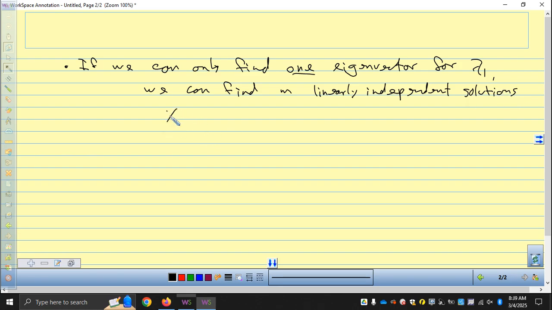So x1 is going to be k11 e to the lambda 1 t. And I'm using 1, 1 because they correspond to lambda 1. X2 is k21 t e to the lambda 1 t plus k22 e to the lambda 1 t.